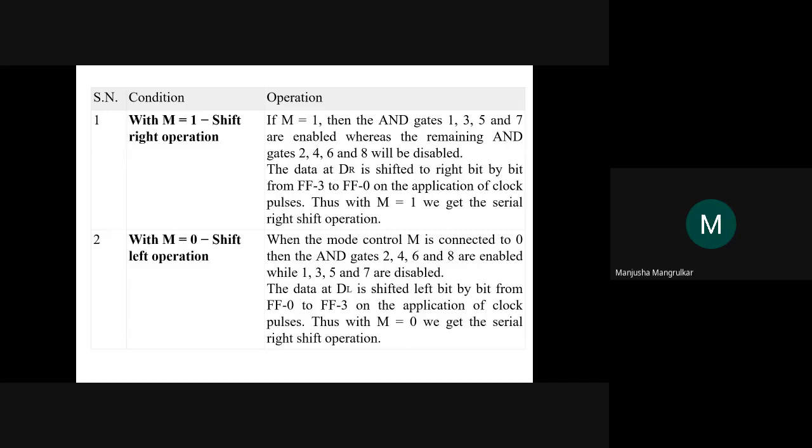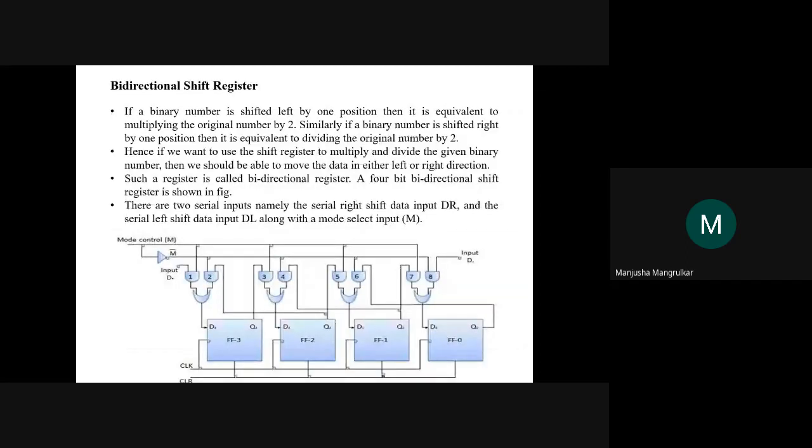If M is equal to 0, when the mode control M is connected to 0, the AND gates 2, 4, 6, 8 are enabled, while the AND gates 1, 3, 5, 7 are disabled. So this is the shift left, and data is shifting from F0 to F3. F0 is connected to here, so it comes here.